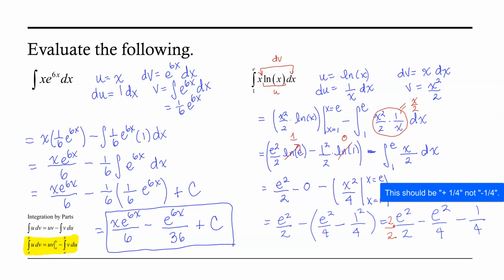And then we're going to end up with 2e squared minus e squared over 4 minus 1/4. So then our final result, simplifying that numerator, is e squared over 4 minus 1/4 is our final answer.